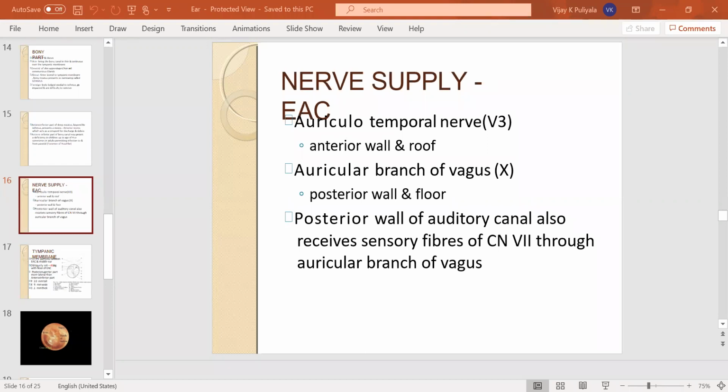So that is about the eustachian tube: its two parts, where it is present, what the ends are, and what the function is. That much knowledge about the eustachian tube is enough for you.